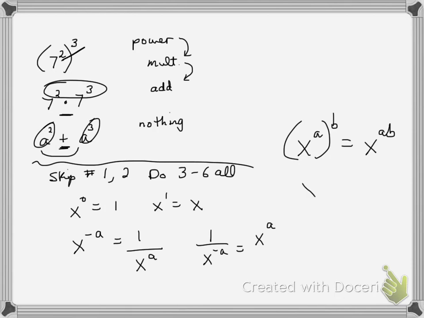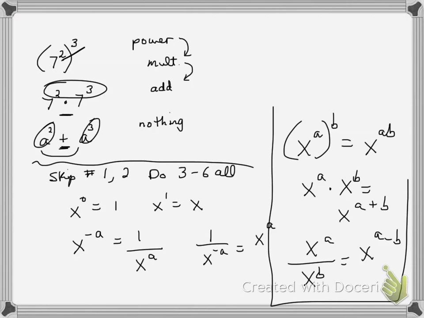If we have x to the a times x to the b, that is the same as x to the a plus b. If we have x to the a over x to the b, that is the same as x to the a minus b. So these are my 3 basic rules that you've been working with when you were in the exponent chapter. All right, you should be good to go.